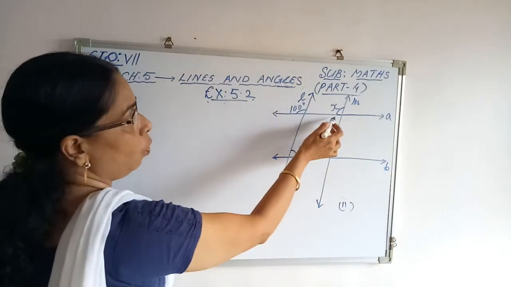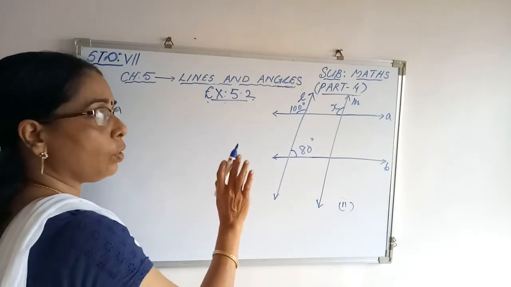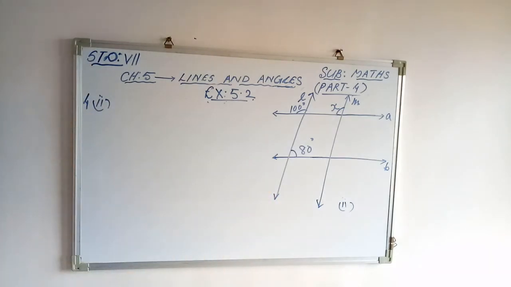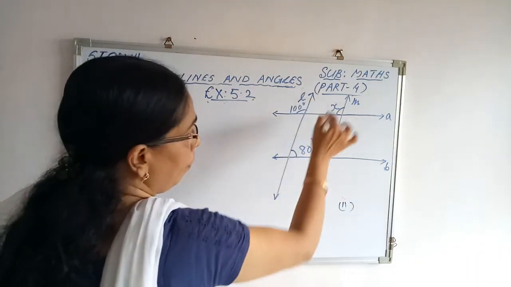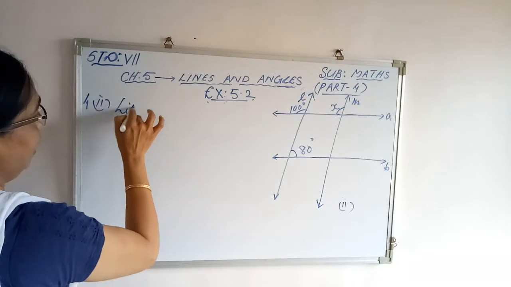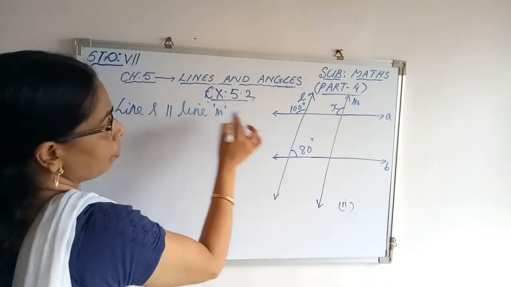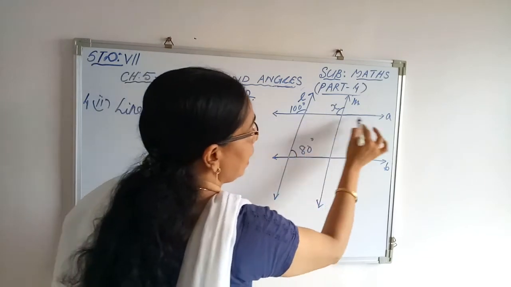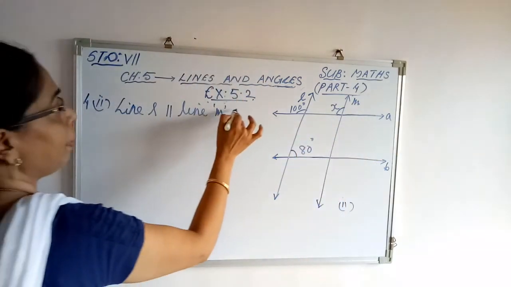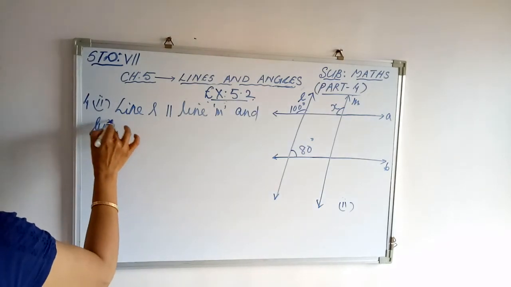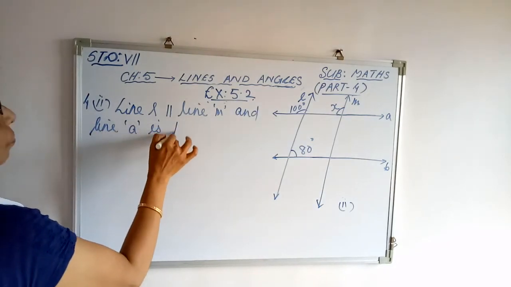We have to find out only X. For that, what you have to do is take line L parallel to line M. You consider these two parallel lines. Which one? Line L parallel to line M. Okay. And take the line A as the transversal.